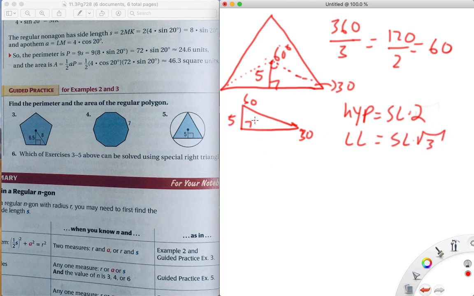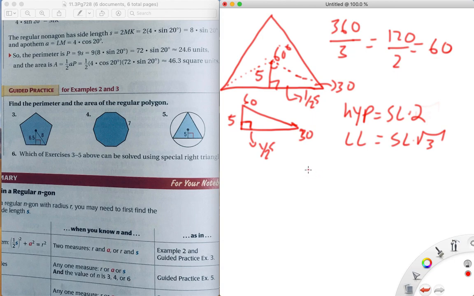In this case, we have the apothem, which is the short leg, and we're looking for half of our side, right? This is half of our side. So half of our side, this is the longer leg because the hypotenuse is opposite of the 90-degree angle. So we're going to use this equation down here.